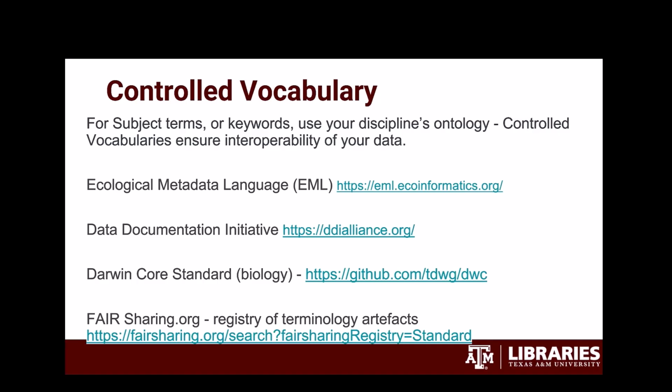This is a step beyond keywords because controlled vocabulary means you are using a preferred term with a set meaning. An example of this from biomedicine is the MeSH vocabulary system used by the National Library of Medicine to index articles in PubMed. These standards set a common ground for people to further understand your data. If they know what you mean with your terms, then the data is more interoperable.